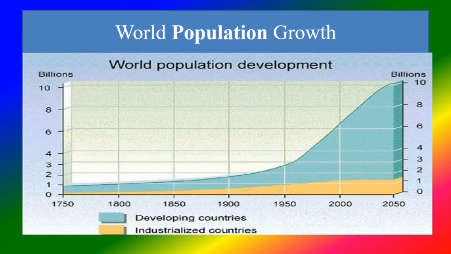Look at this graph. World population growth, world population development. Blue in color, developing countries. Yellow in color, industrialized countries. After 1950, population has exploded.